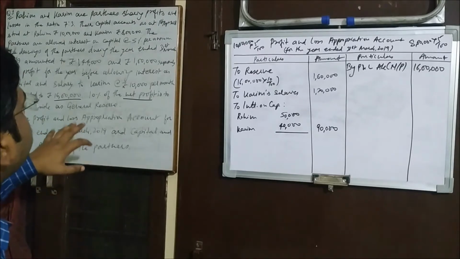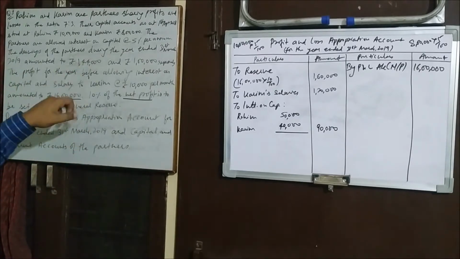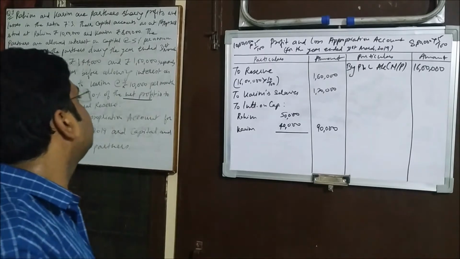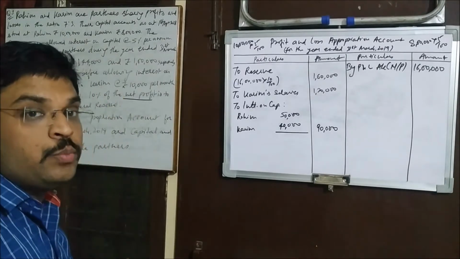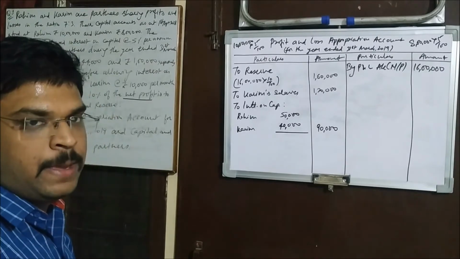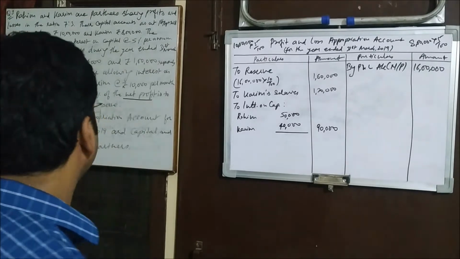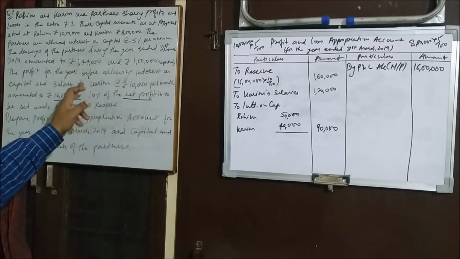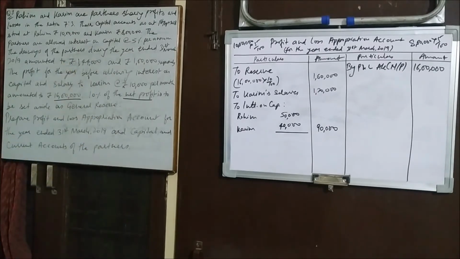Now we need to see whether rate of interest on drawing is given there or not. If it is given, then we'll calculate. If it is not given, then there is no question, because we already know that only if there is a provision in the partnership deed to pay interest on drawing, it is paid. Drawing they can do, but interest will not be paid. So what I see here, the rate of interest on drawing is not given there, so we'll not consider it. That will be utilized at the time of preparation of capital accounts.